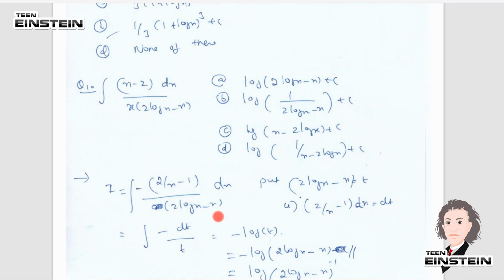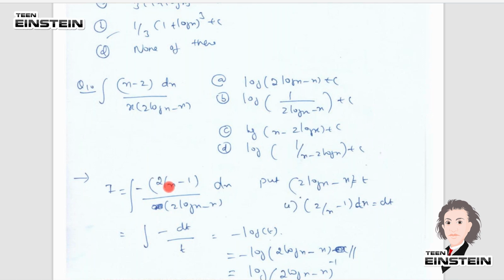Now I am going to use the substitution that 2 log x minus x is equal to t. I have taken 2 log x minus x is equal to t because I know that the differentiation of log x is 1 by x, and that is present in the numerator. Here I am having a 1 by x term.